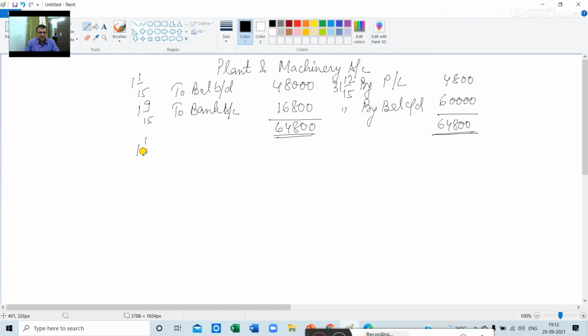So balance as on 1st January 2016 will be to balance BD 60,000. Then on 31st December 2016, you need to charge depreciation at 10%, that is 6,000, and the balance was 54,000.